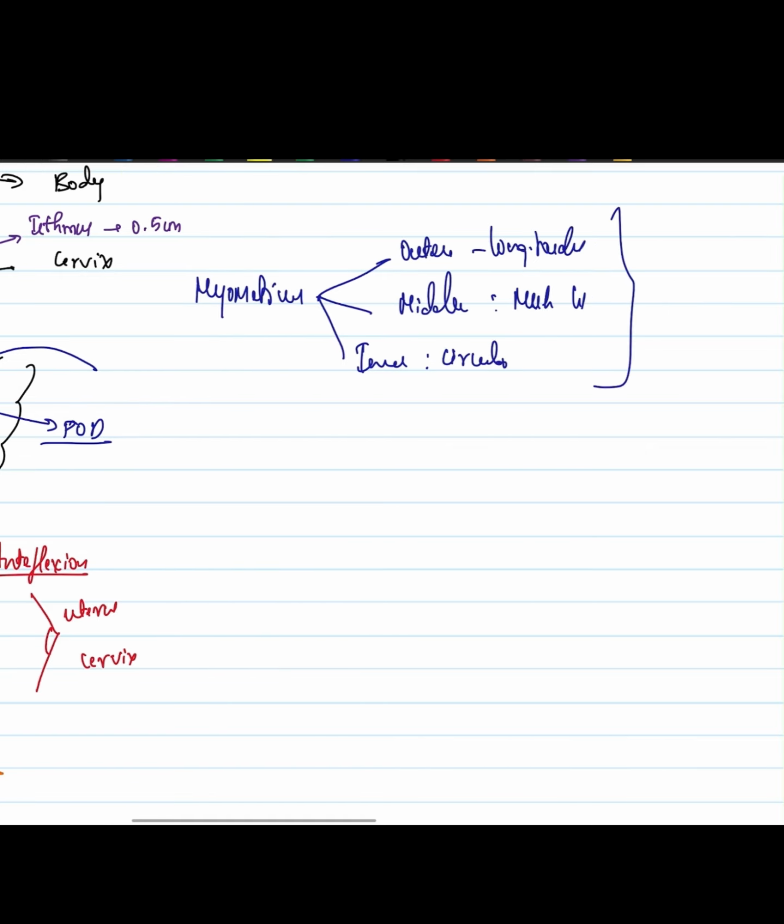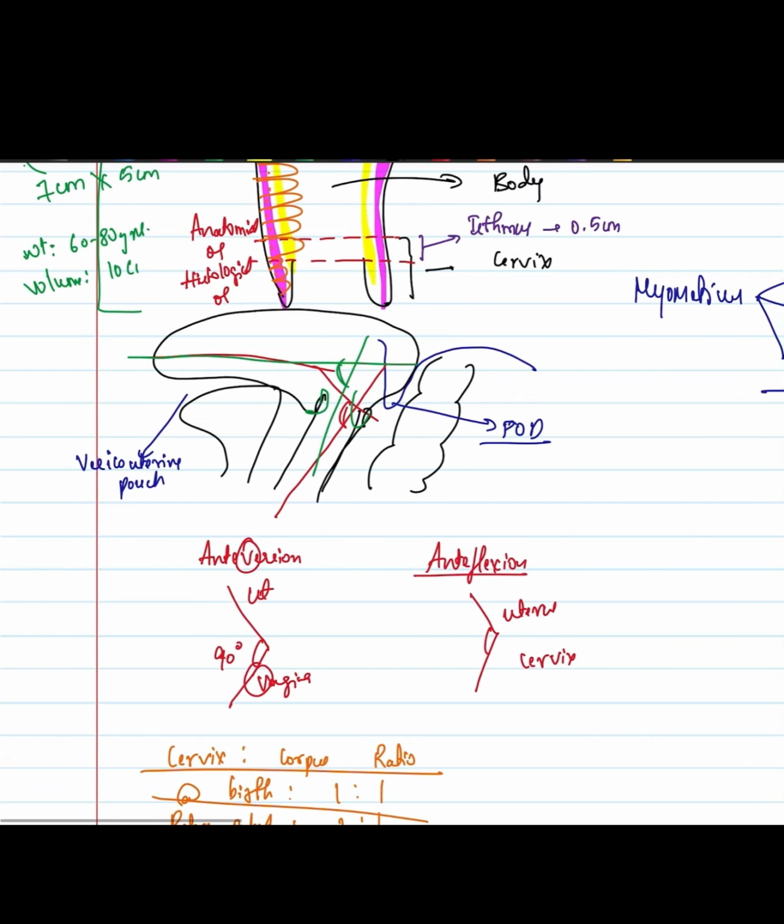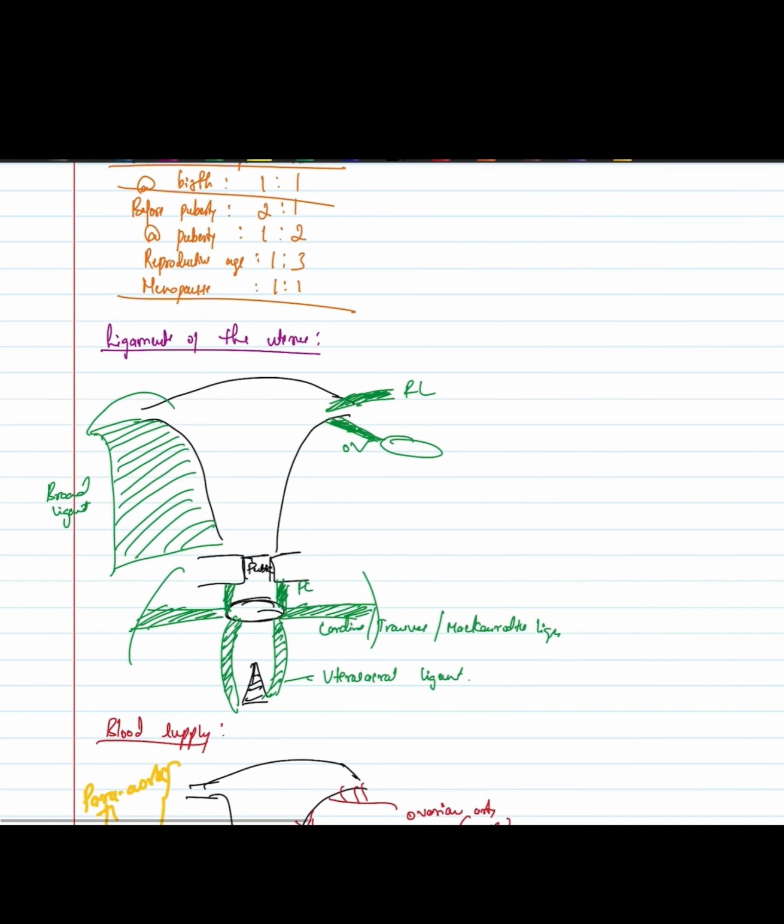This arrangement of the muscle helps in hemostasis during labor, after the delivery of the baby. They are arranged in such a way that they help in reducing blood loss because of the contraction of these muscles. Okay, so this is about the anatomy.